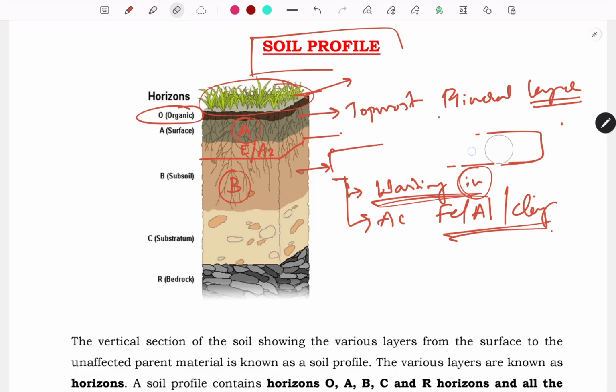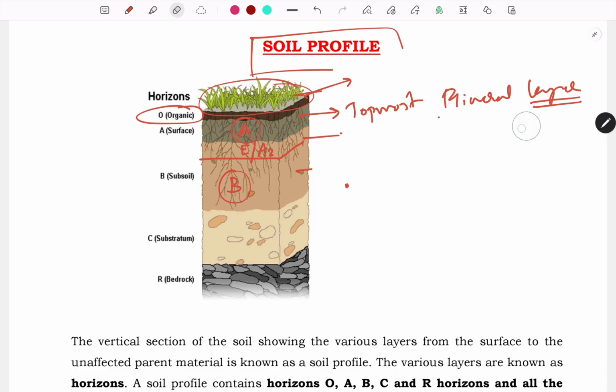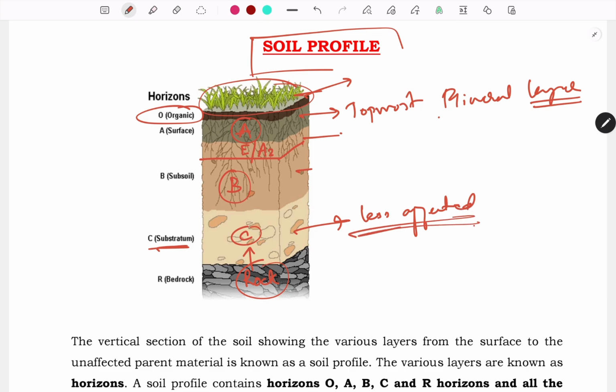And the next layer is the C layer. It is also called the substratum, and it is nearer to the rock bed, so it is less affected by the factors, and it is outside the zone of biological activity, because this layer is deep in the soil.